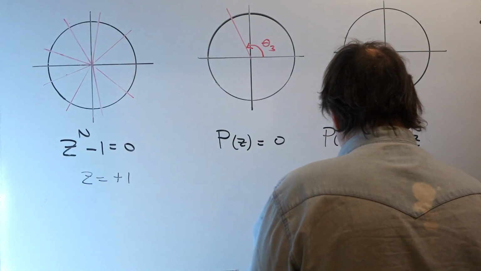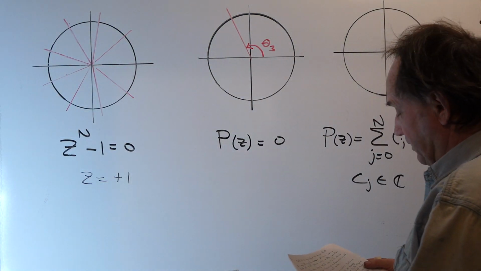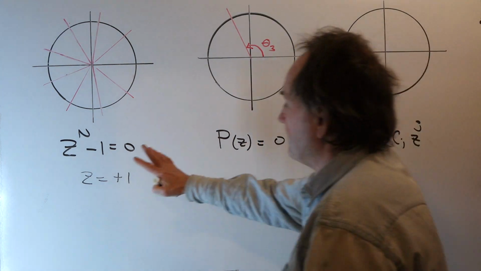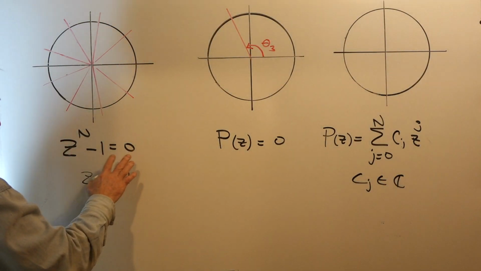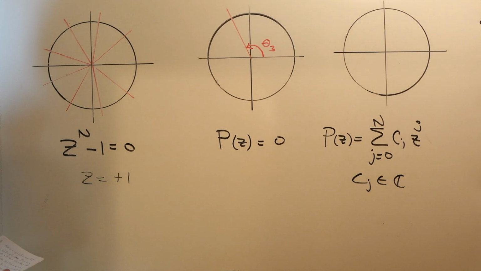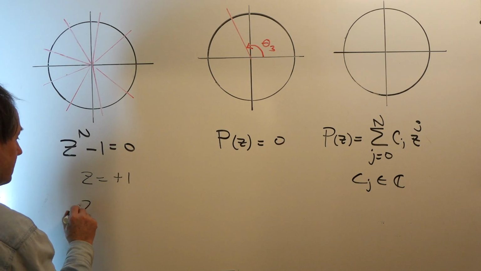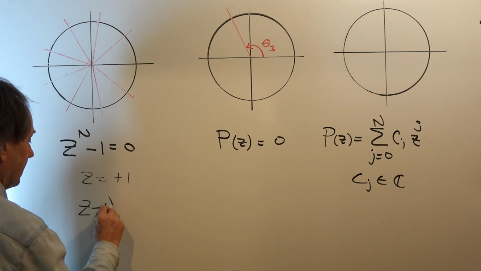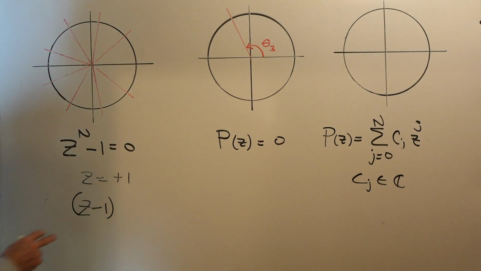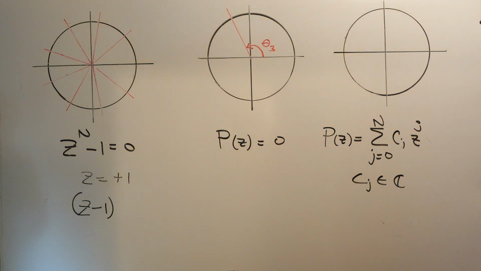So we're always guaranteed that z equals plus 1 is a solution or a root of this equation. Now, this also tells us that this equation has a factor z minus 1, a factor corresponding to the root of plus 1.